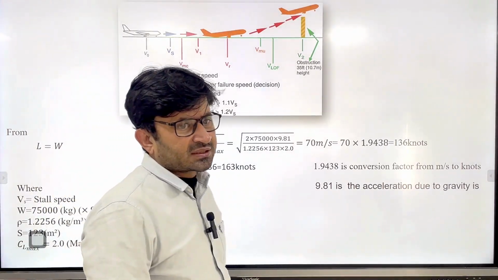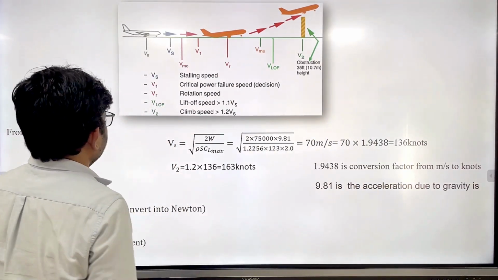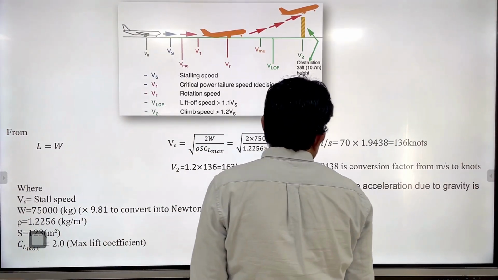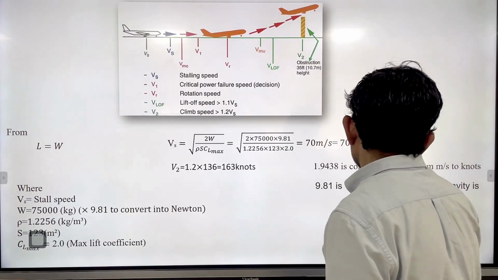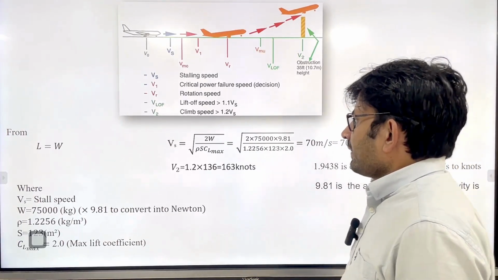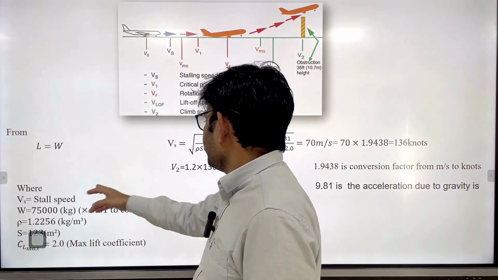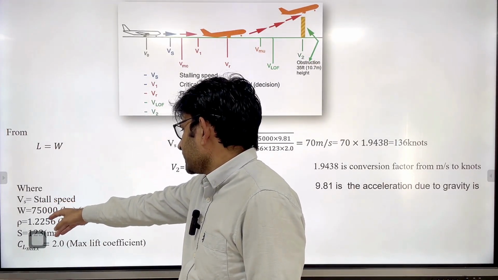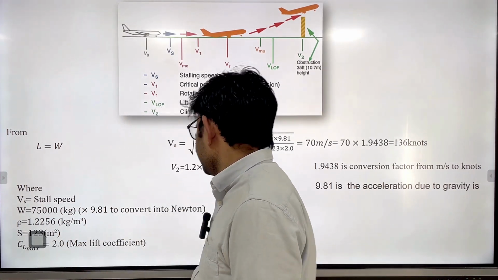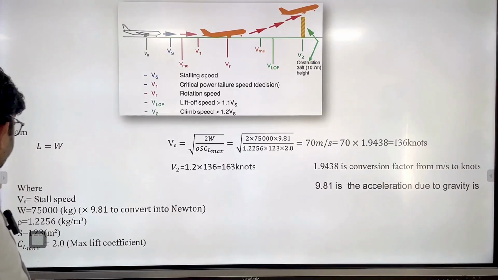At this speed the control surfaces start becoming effective, as you cross the stall limit. 9.81 is the acceleration due to gravity, and this we have found out using lift equal to weight. Vs is the stall speed, W is the weight, rho and all the parameters I have taken are also written here.